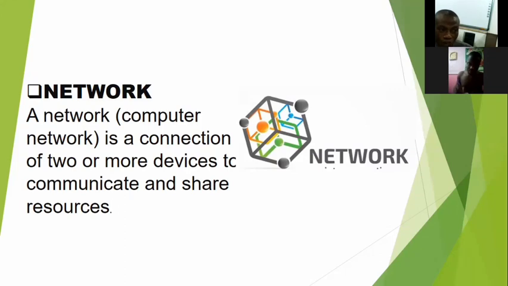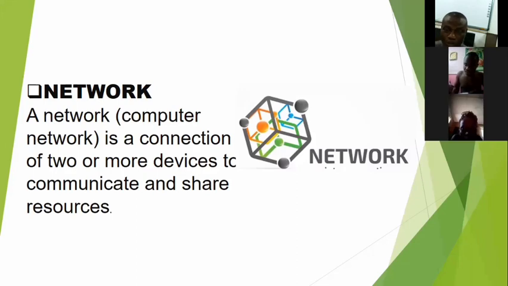There could be a phone-to-phone network, like your phone connecting with another phone, either to make a call, to send SMS, to transmit data through Bluetooth. Bluetooth is a resource used for transmission, or the internet, or to share emails, or to chat on WhatsApp or Facebook or Telegram. Basically, two or more devices must be involved. If two or more devices are not involved, it's not a network.